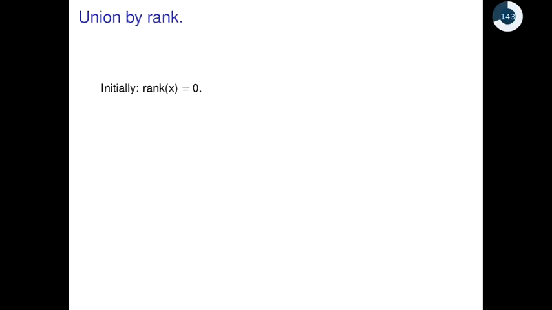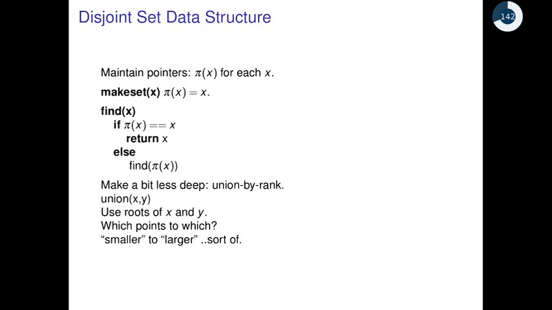So intuitively, what you want to do is look at the nodes in X. If there's fewer vertices in X and there's more vertices under Y, you're making the vertices in X suffer because now they have to chase an extra pointer. So you should point to the one with more vertices to make a fewer number of vertices suffer.